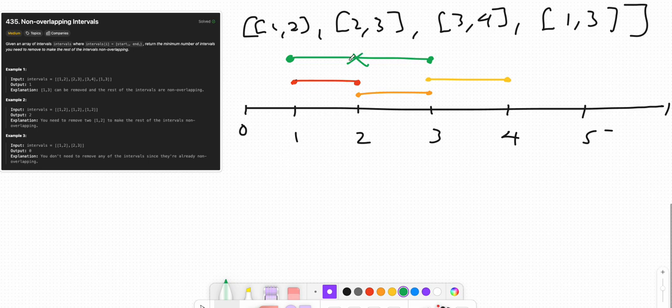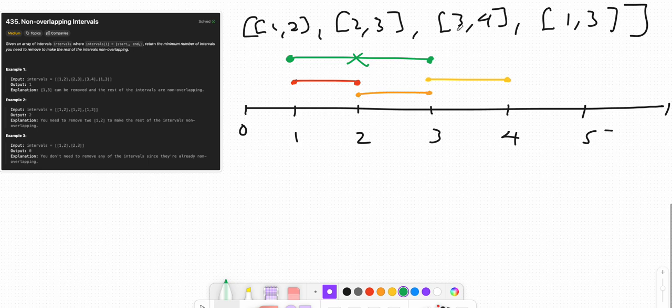So this is the graphical representation of it. So when we start with 1 to 2, 1 to 2 ends here. The next one we pick is 2 to 3. We know they don't overlap because the end of the first one is the beginning of the next one.